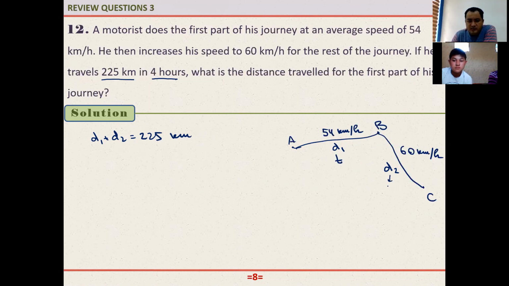Then for this journey, he must spend, since total time is 4, 4 minus T. Okay. So what is the question? What is the distance he traveled for the first part of his journey? So the question is A to B. Find D sub 1.